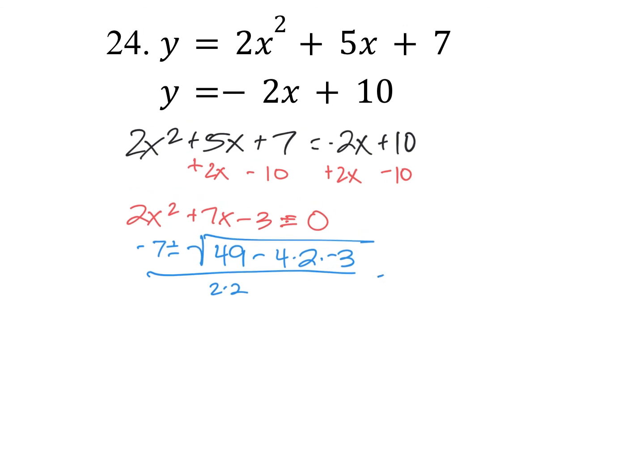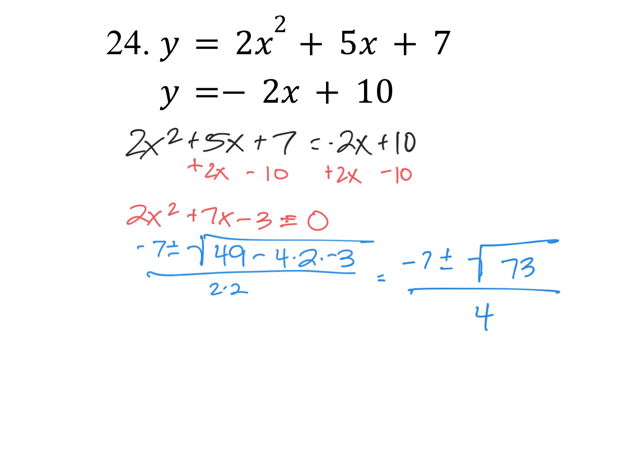So I've got negative 7 plus or minus, so 4 times 2 is 8, 8 times 3 is 24, that would be negative minus a negative, so it would be 49 plus 24. So 49 plus 24 is 73, all over 4, and that would be fine.